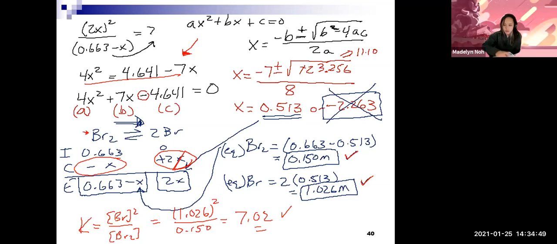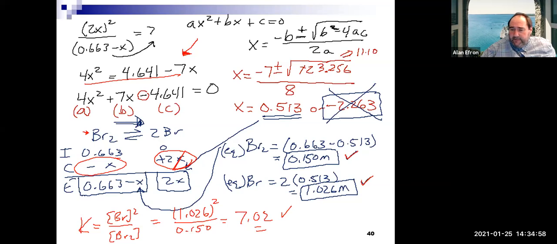I mean if the equation had more components to it, like Br2 plus something else equals. Yeah, so your ICE table would just be a little bit bigger. You would have another column next to it and you would do the same thing. For example, you would have something here like 0.17 minus x, and that would also get incorporated down here because you would have another value.